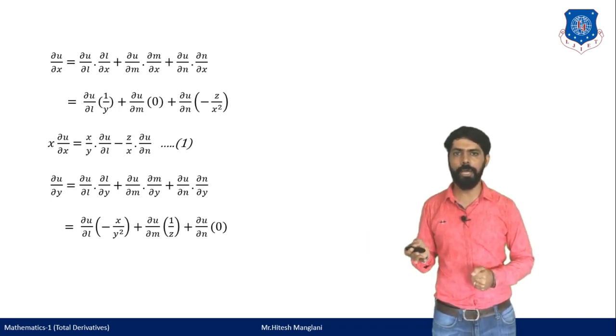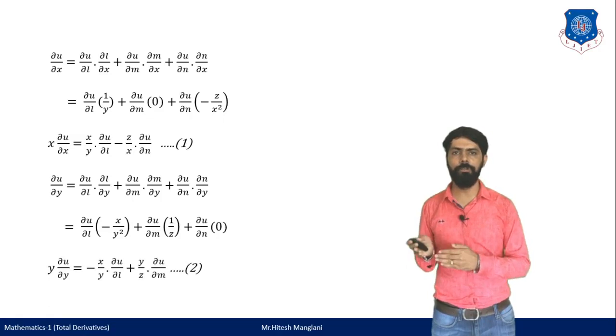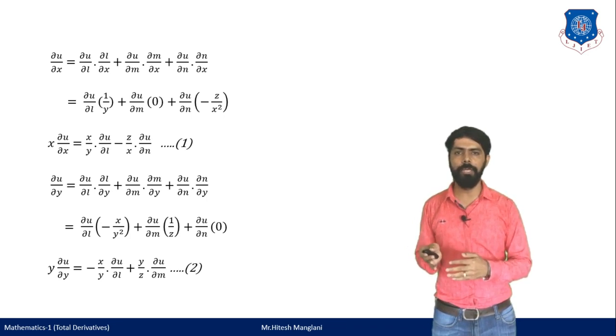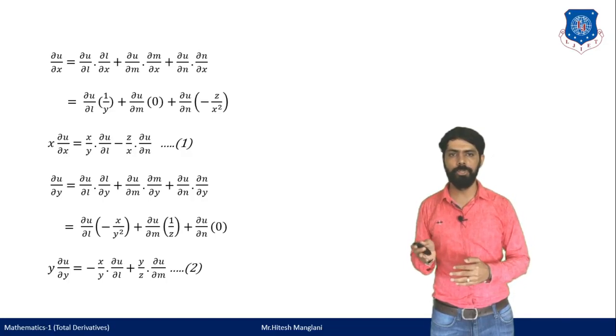So this is del u by del y. Now multiplying both sides by y, y del u by del y is equal to minus x divided by y into del u by del l plus y divided by z into del u by del m. So this is result number 2.